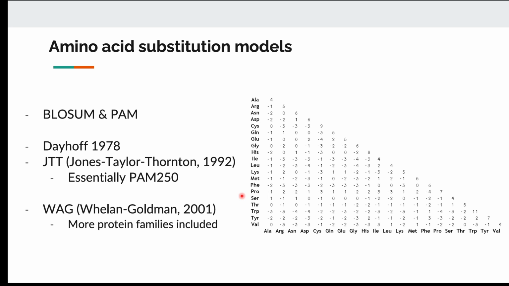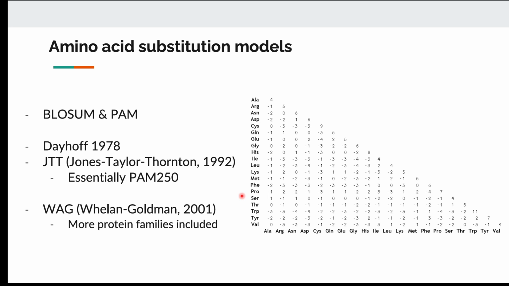Things became different with amino acids. We mentioned before, when we talked about protein sequence alignment, that amino acids have side chains. So changing from alanine to a valine might be good because it's still a hydrocarbon. But changing from alanine to a tryptophan might be bad because now you have the aromatic ring.